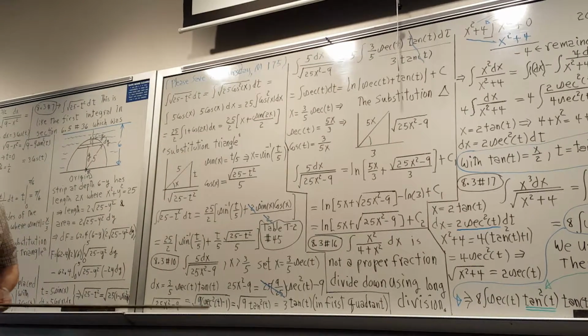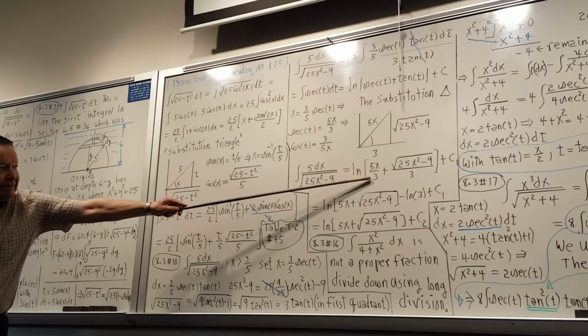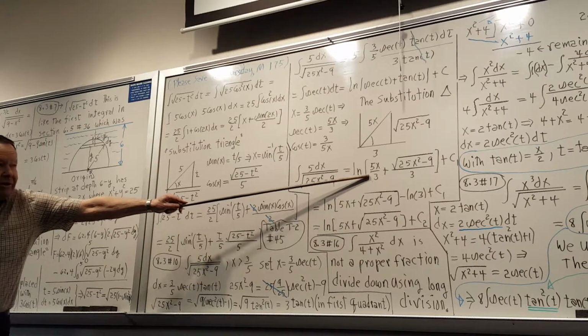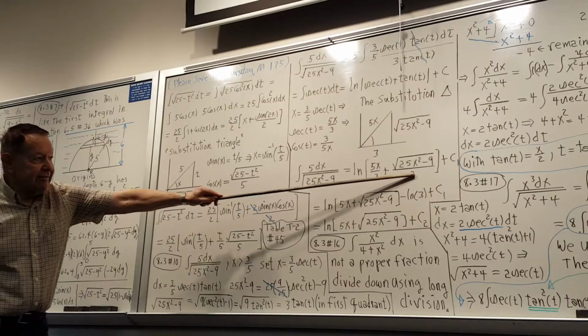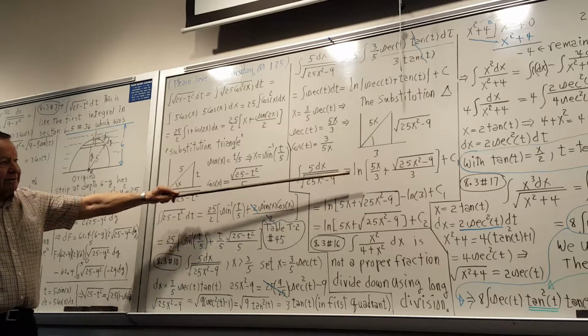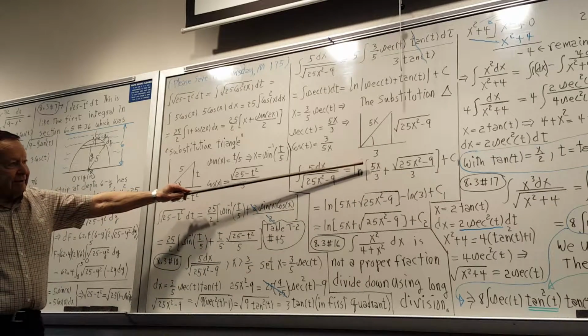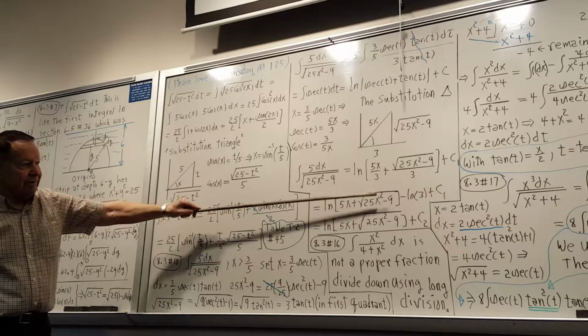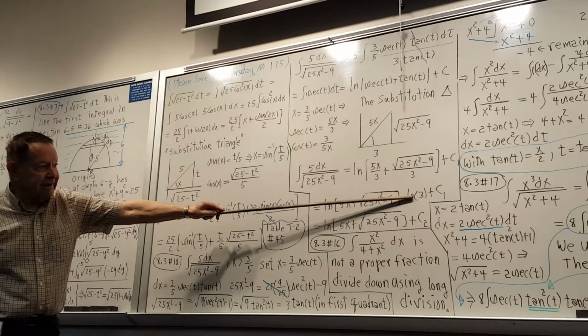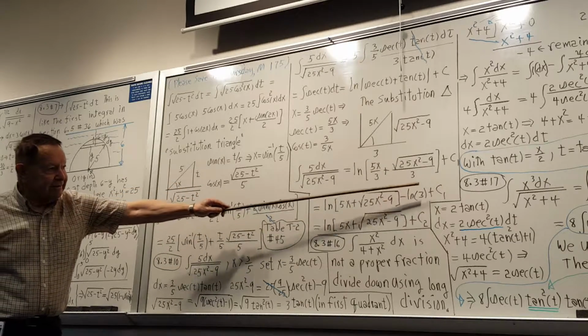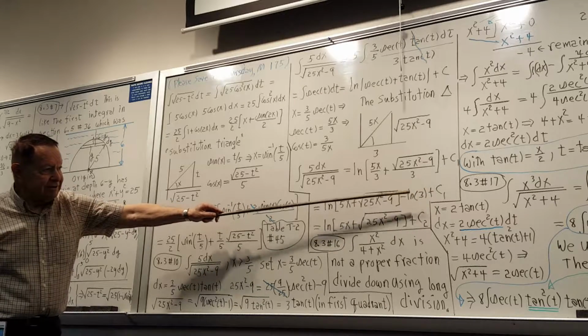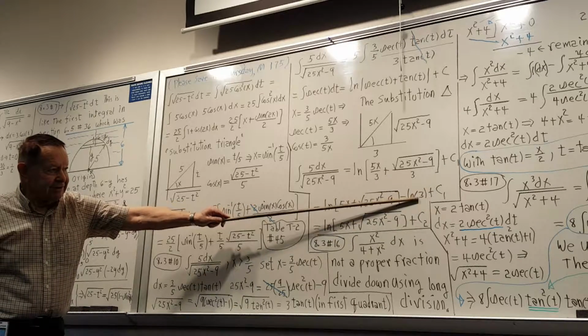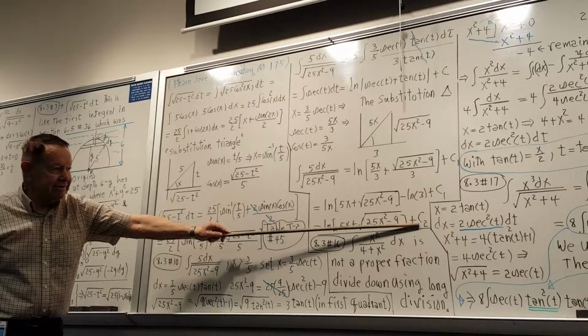So finally, you could write this. Now you can play the same game again with logs. So you have a common denominator. So you have log 5x plus the square root minus log 3, and then a new constant is the original one minus log 3. So you could say it like that.